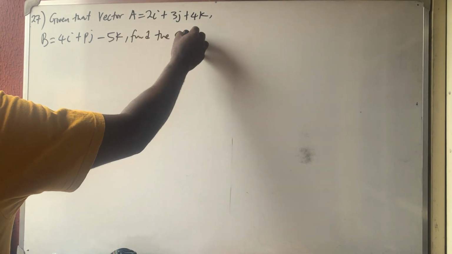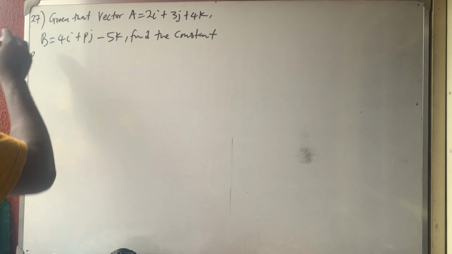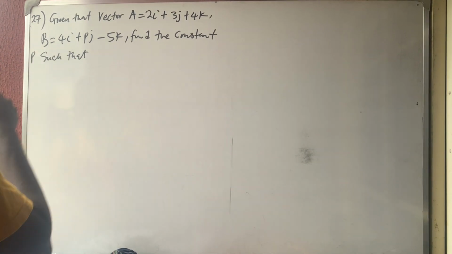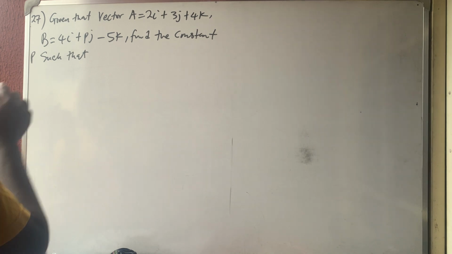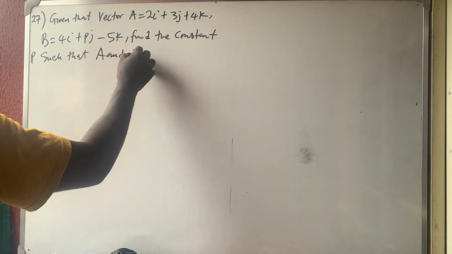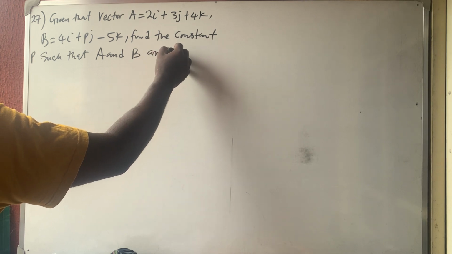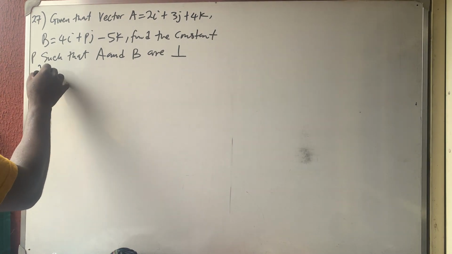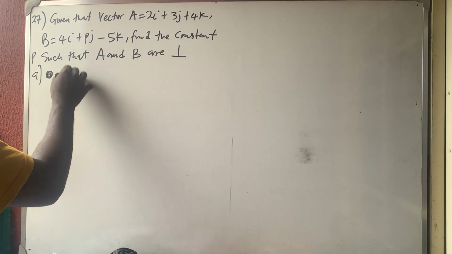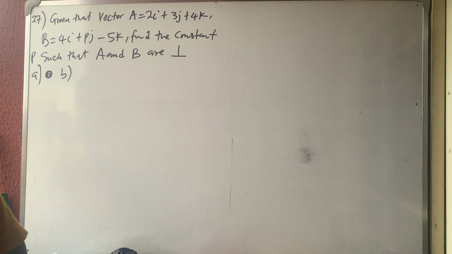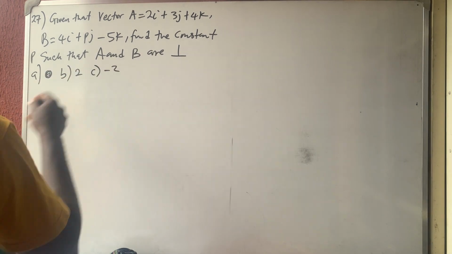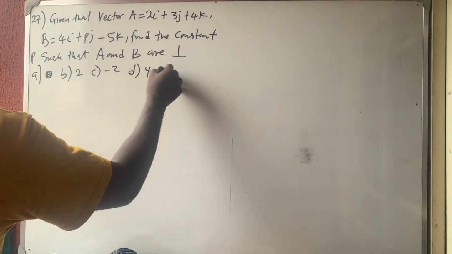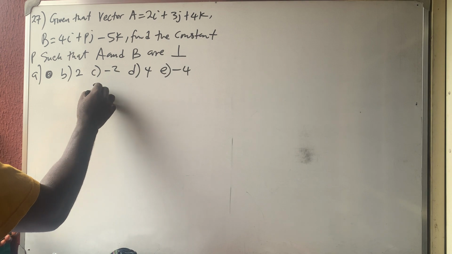Find the constant p such that A and B are perpendicular. Okay, if they are perpendicular, A, they said 0, B 2, C minus 2, D 4, and E minus 4.